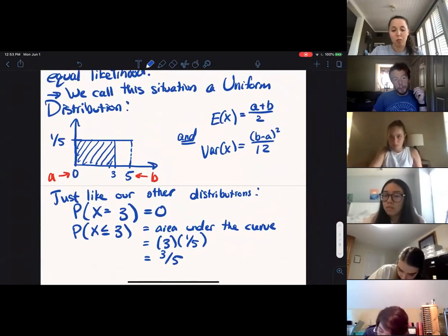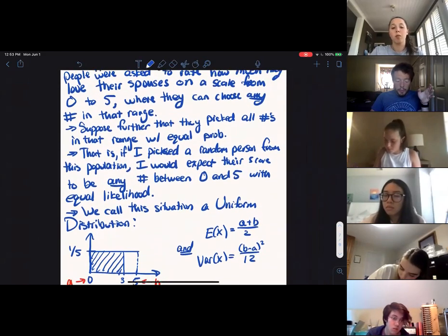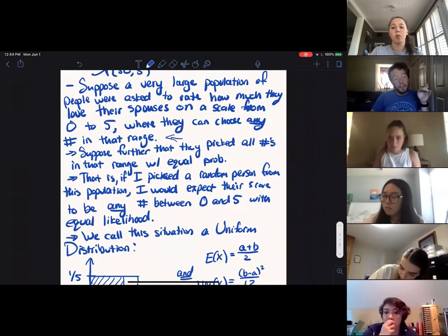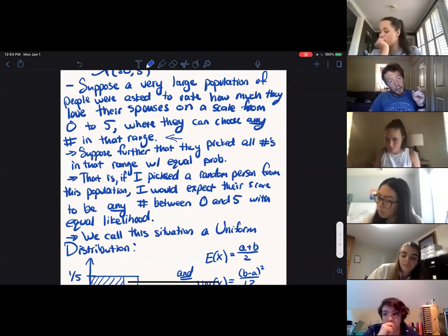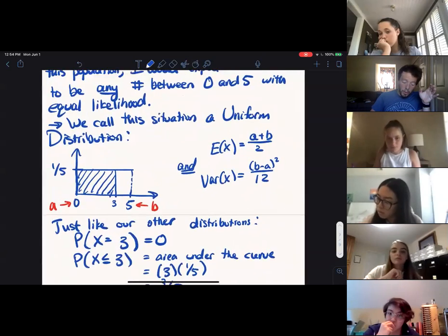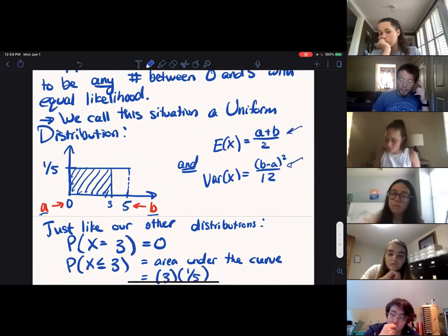So what did I do here? This is a uniform distribution. This is something that we've seen before. But now the new thing that I'm saying is that if you see a problem that looks like this, you can say, if every single number is equally likely, this is just a uniform distribution. And once you acknowledge that this is a uniform distribution and you know what the upper and lower bounds are, A and B, you immediately know the expected value and the variance.